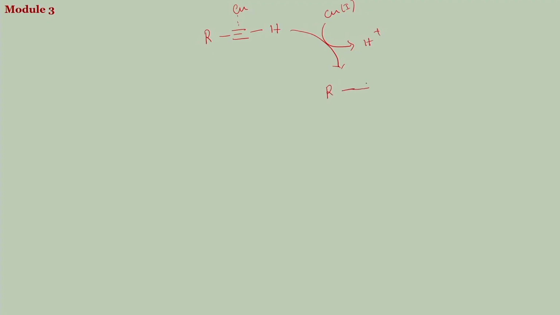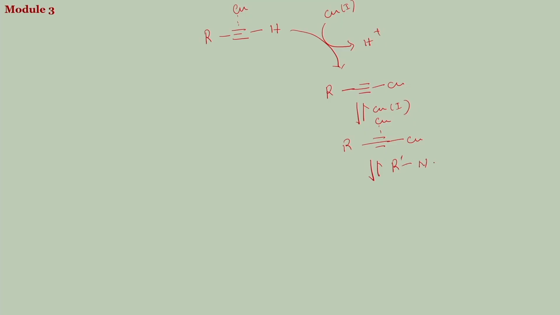So, this becomes a copper acetylide. Now, another copper comes in and forms a complex here that drags the electron density, and here comes your R prime N3, the azide.